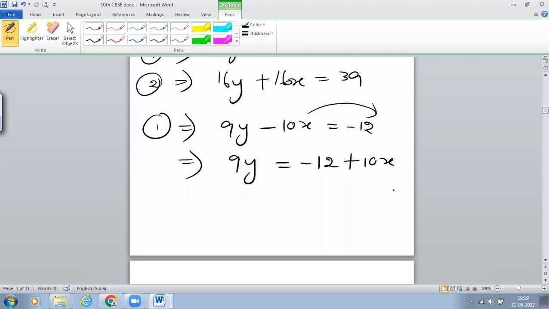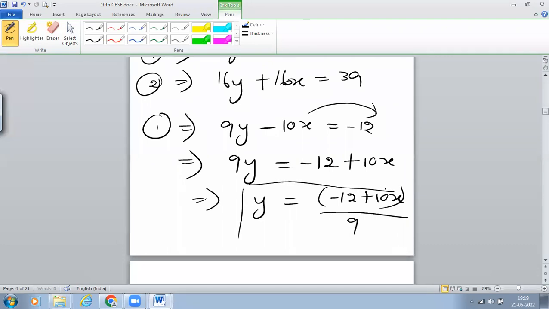This minus 10x becomes plus 10x. Now this 9 we have to take to the right hand side. So what will we get? y is equal to minus 12 plus 10x, this 9, which is in multiplication, becomes division when it is taken to the opposite side. So divided by 9. So this is the value of y. So we have transformed equation number 1 into this form, that is y in terms of x. Okay, y is expressed in terms of x.